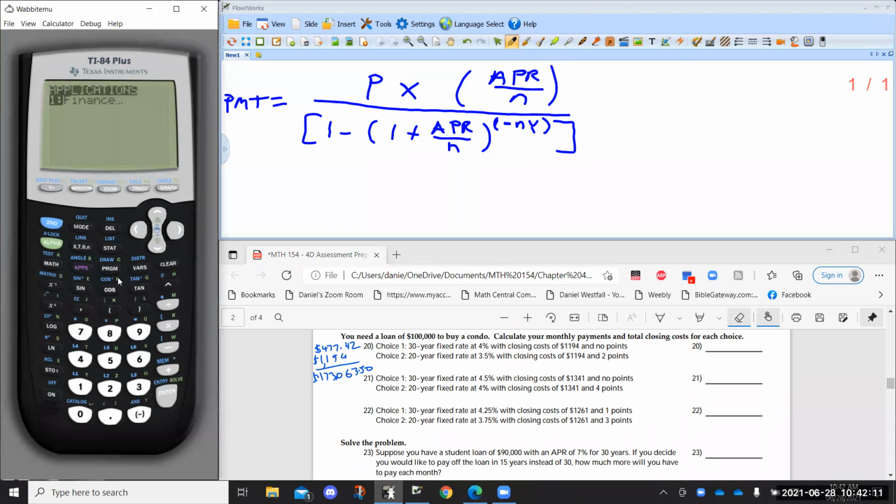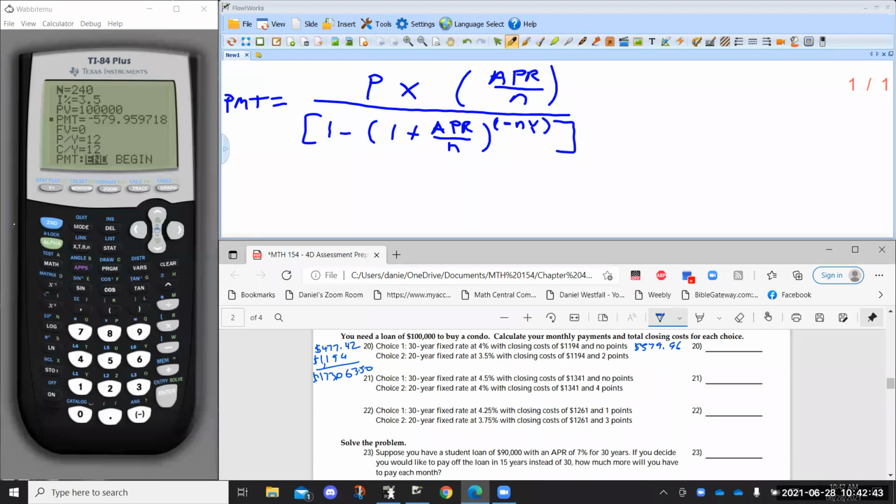I'm going to come to this other side over here. And this is going to be 20 years and a lower interest rate, 3.5%. Same $100,000 that you're borrowing. Payment here is going to be $579.96.